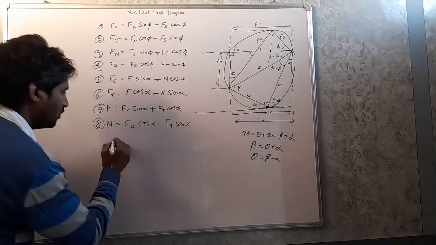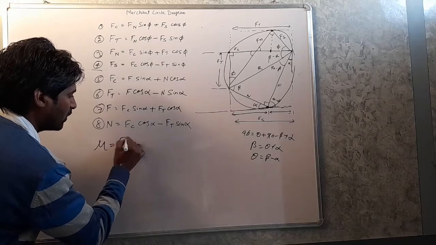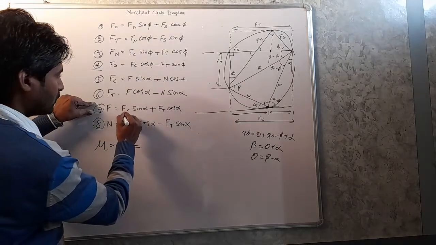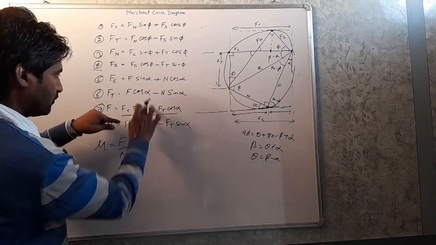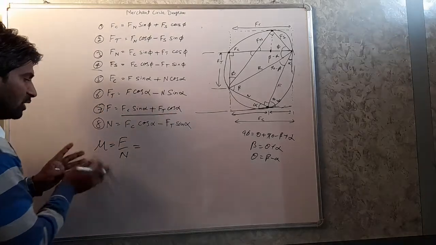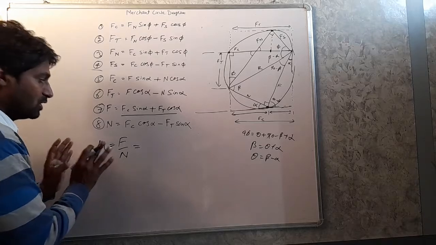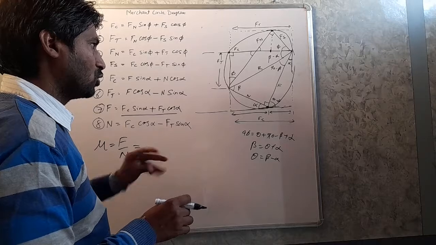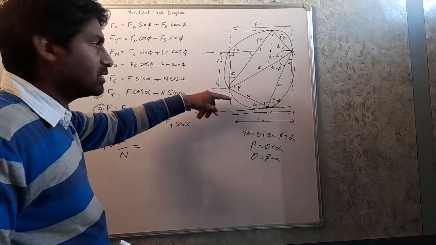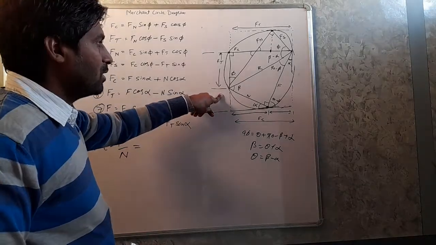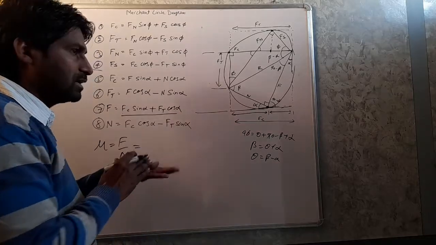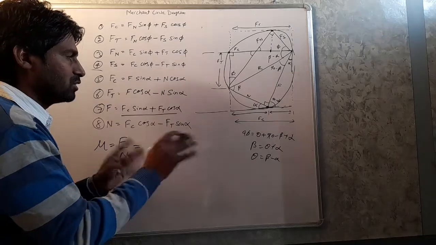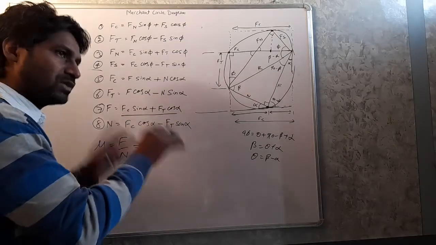As we know, mu equals F by N, so you put in the value of F divided by the value of N, and this gives the value of mu. This method is used when you are not drawing the Merchant circle diagram, but are calculating the various forces using equations only.